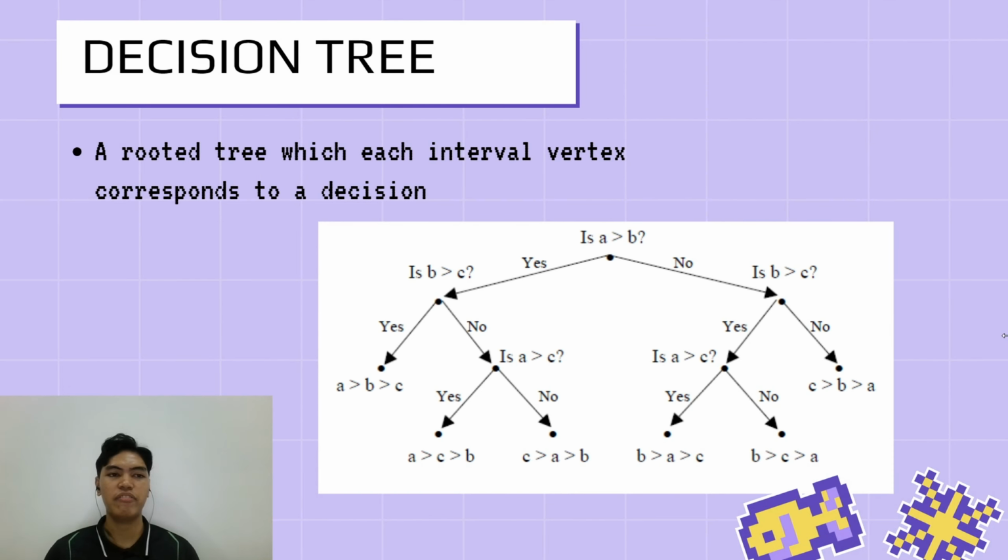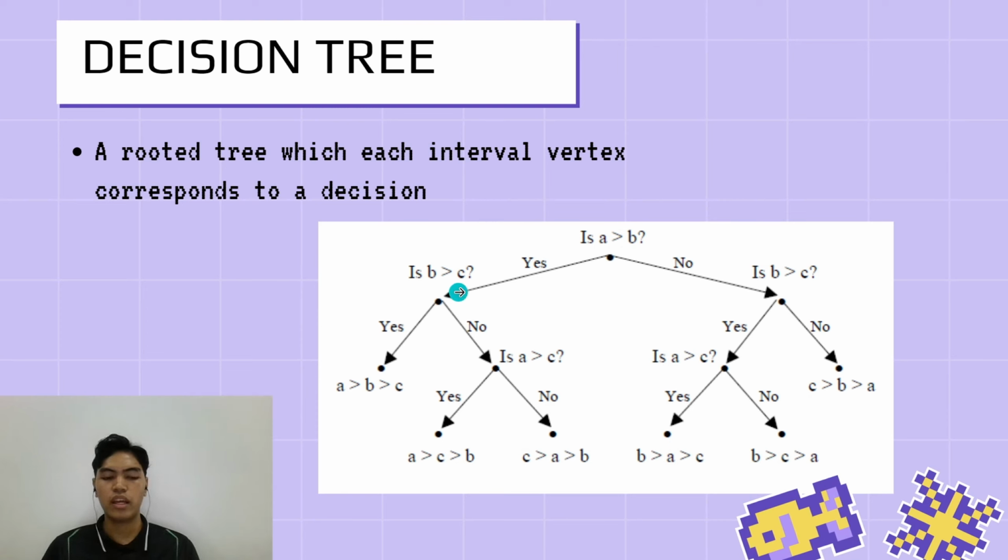Okay, lastly, we have the decision tree. A decision tree is a rooted tree in which each internal vertex corresponds to a decision. So in the example here, every vertex is going to make a decision, and the decision is going to be two paths between yes or no. If the decision is yes, it's going to be the left side.